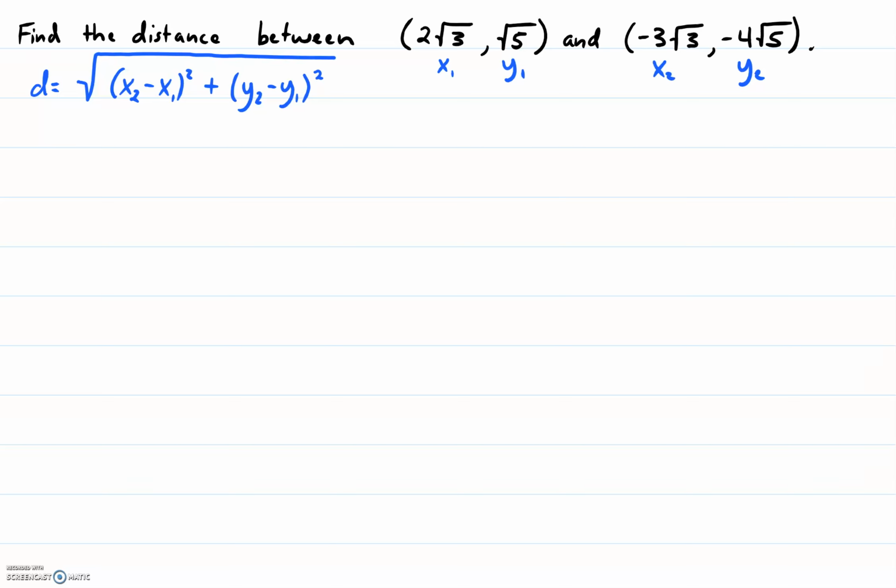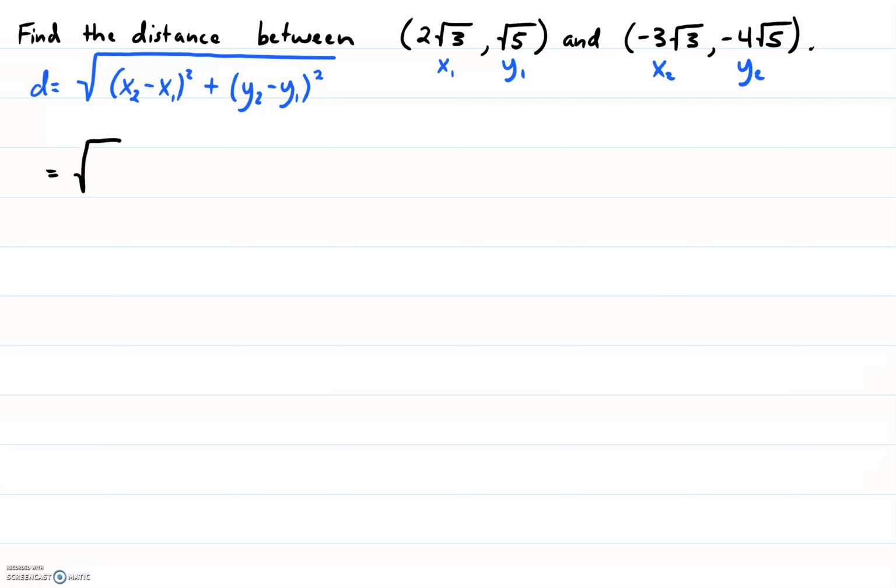So the distance, lowercase d, is going to be equal to the square root of x2 minus x1 squared plus y2 minus y1 squared. Just like we would do with an easier example, we're going to put these numbers where they go in the formula.